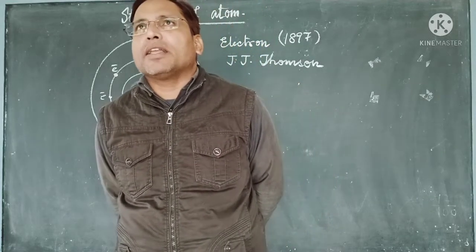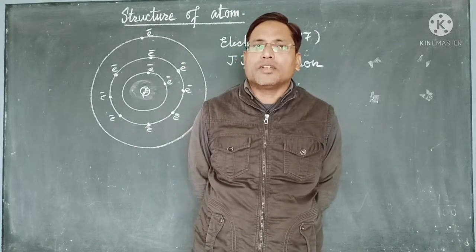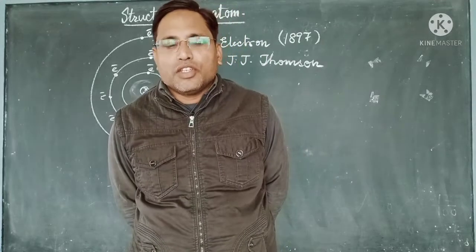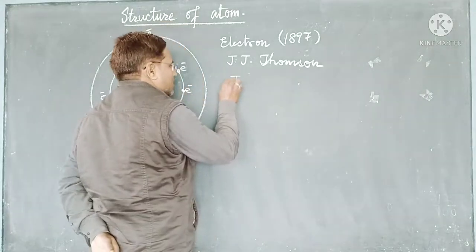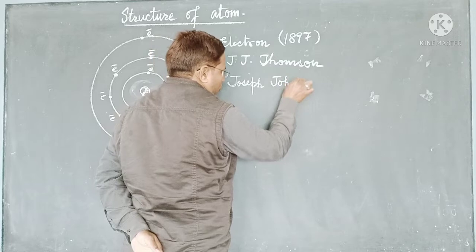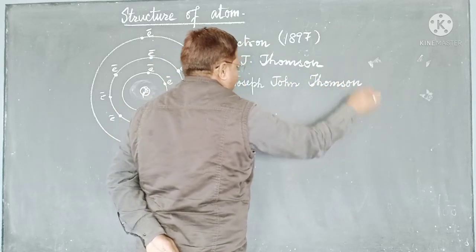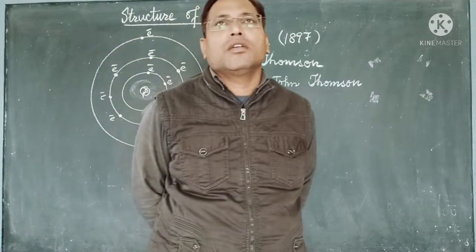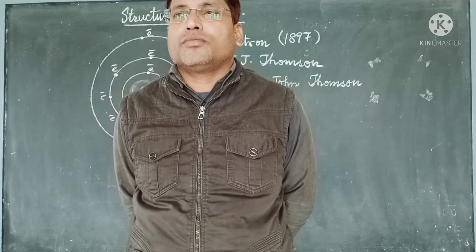Earlier he had done many activities, and after performing so many activities, in this final activity, J.J. Thomson, or his full name Joseph John Thomson, explained to us the existence of electrons.